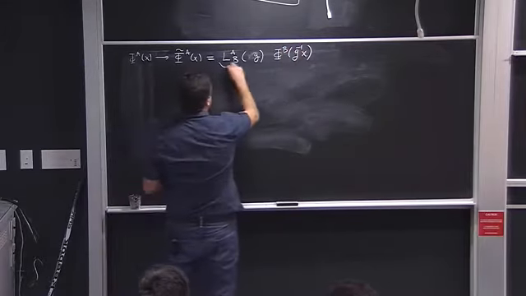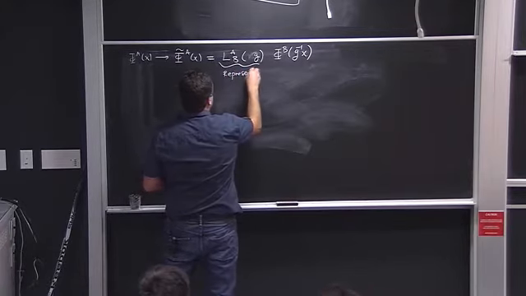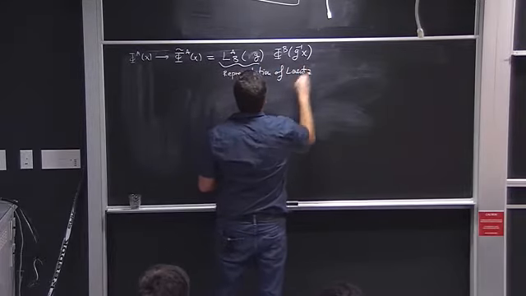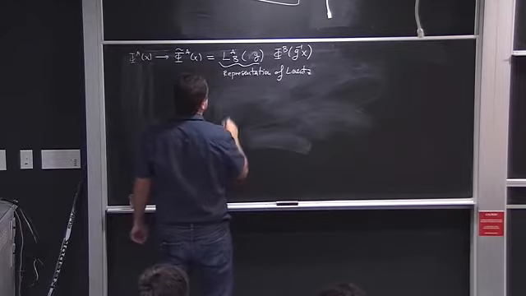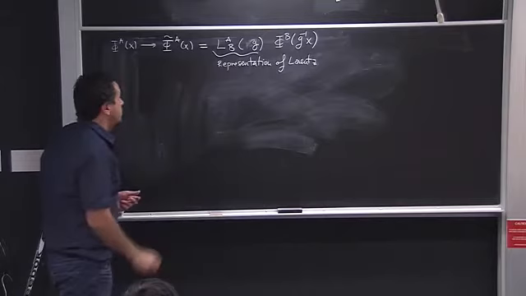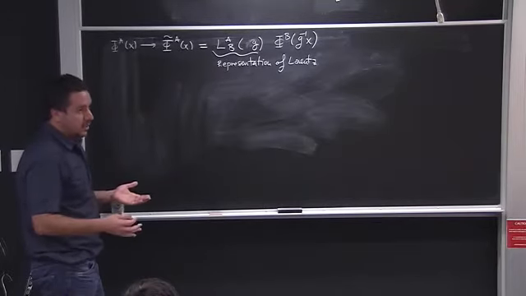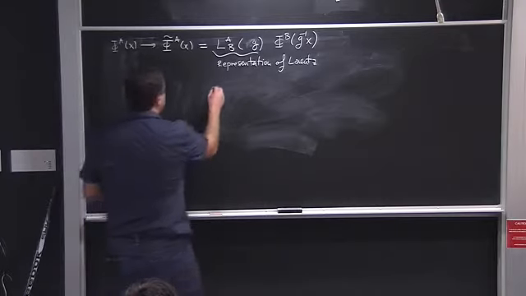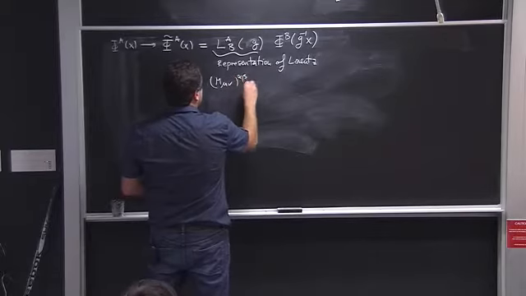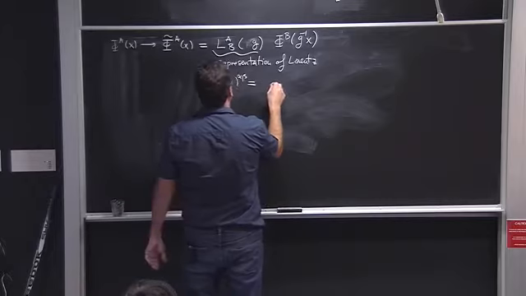And this labels a representation of Lorentz. So you have to supply a representation of the Lorentz group. For a scalar, the generators are trivial. For a vector, you take the Lorentz generators in the vector representation. These are the Lorentz generators, these are the representation labels.